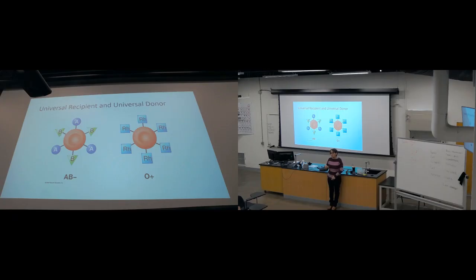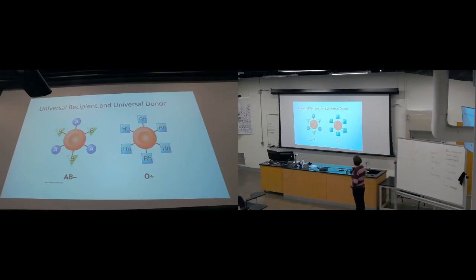If they give blood to all kinds of blood, that will be the universal donor. If it can receive blood from any kind of blood, that will be the universal recipient. So then we have them in here.